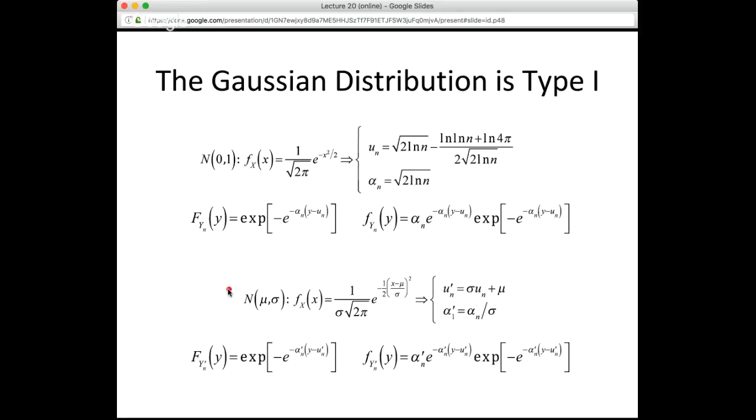And we can also extend this result to any Gaussian distribution with a mean of mu and a standard deviation of sigma, not just the standard normal, in which case u'_n and alpha'_n are basically equal to the old u_n and alpha_n that we have up here, just modified by mu and sigma. And so again, this would be the corresponding CDF and PDF for the extreme value distribution for the Gaussian normal.